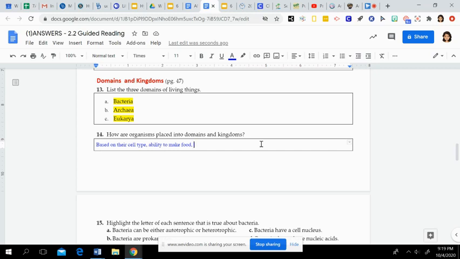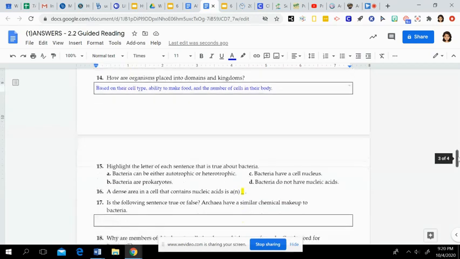And then the other way that they were placed into the domains and kingdoms was the number of cells in their body. We will get into these 3 different domains and kingdoms later on this week. So please make sure you have this filled in correctly, because this guided reading will be a good reference to notes.